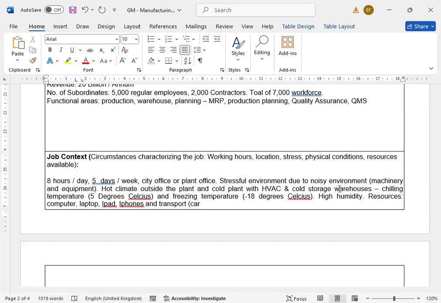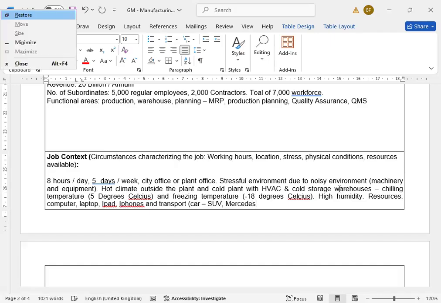And of course, transport car. Usually the issue for general managers is an SUV, sports utility vehicle, or even a Mercedes Benz.